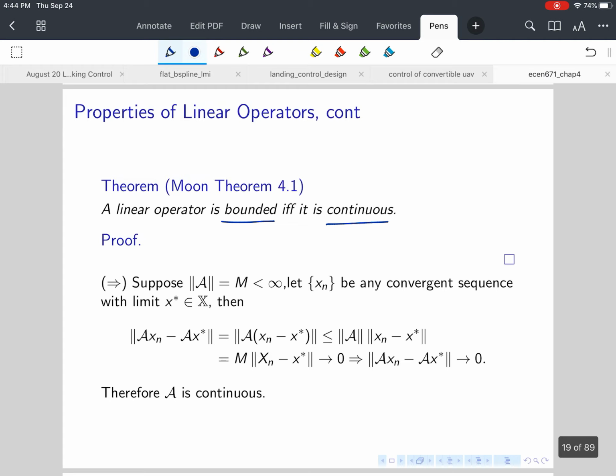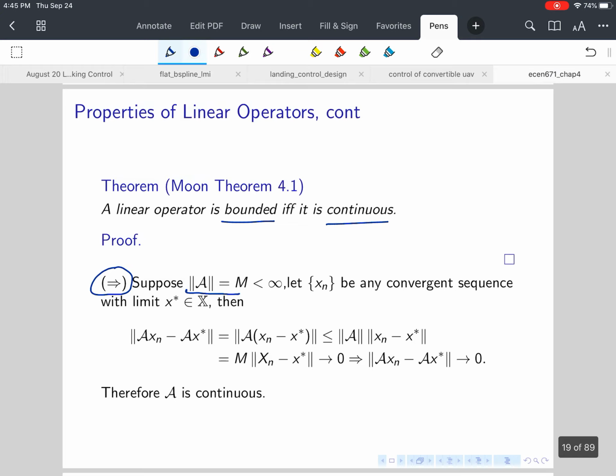So first we show that continuity is a necessary condition, or I guess boundedness is a necessary condition for continuity. So suppose that it's bounded. What does that mean? That means that the norm of A is equal to m, which is less than infinity.